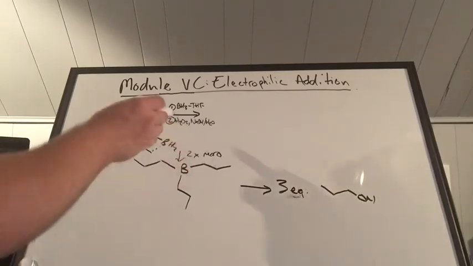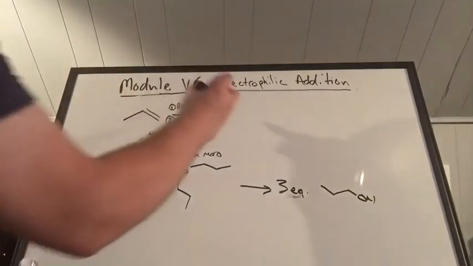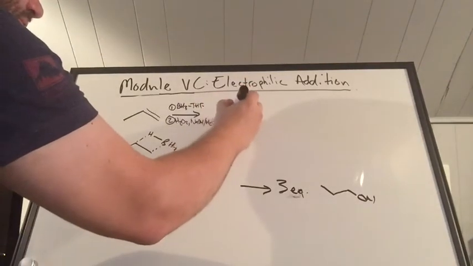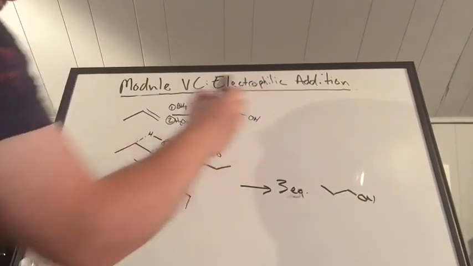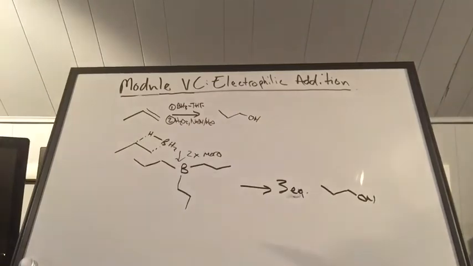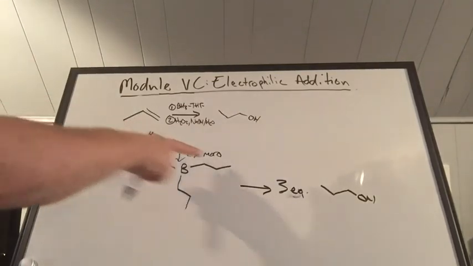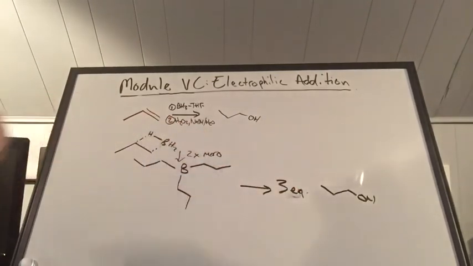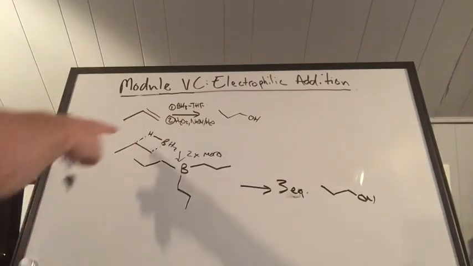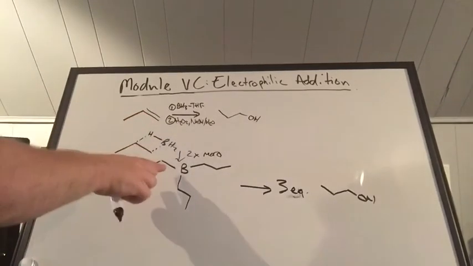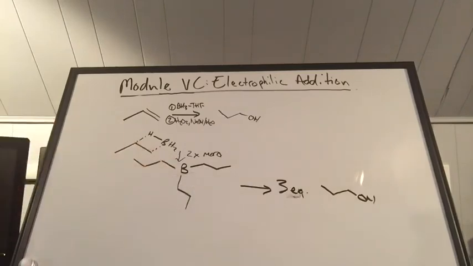So in other words, this is going to produce primary alcohol. And also just bear in mind here, when I say 3 equivalents, we're not creating something out of nothing here, right? We have to actually take 3 of these in order to form this boroalkyl intermediate. Okay.